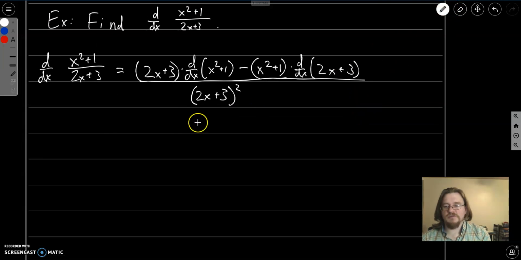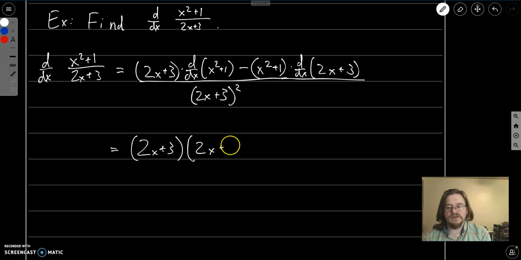So let's start simplifying. I've got my 2x plus 3, and I want to take the derivative of x squared plus 1. So I'll just take the derivative of both of them, add them together. The derivative of x squared is 2x. The derivative of 1 is 0. We're going to subtract this term times the derivative of 2x plus 3.